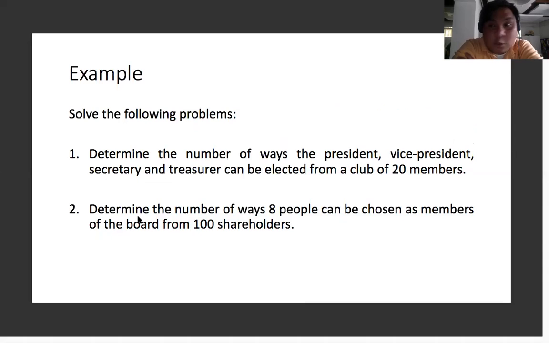All right, so these two examples are pretty familiar, as we definitely saw them in the previous example. Right, so for the first one, we're supposed to elect 4 officers from a club of 20 members. And for number 2, we're supposed to determine the number of ways that 8 members of the board can be chosen from a group of 100 shareholders.